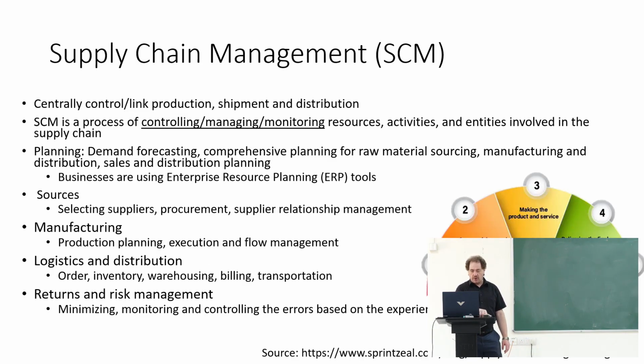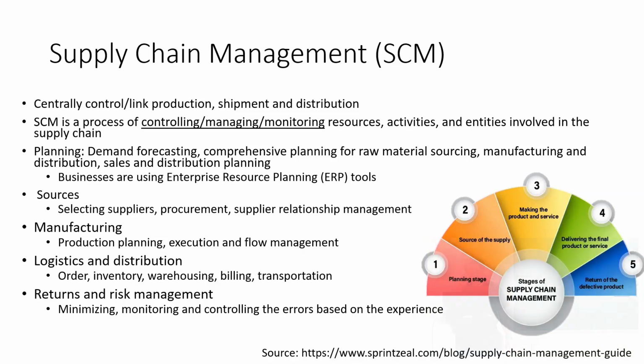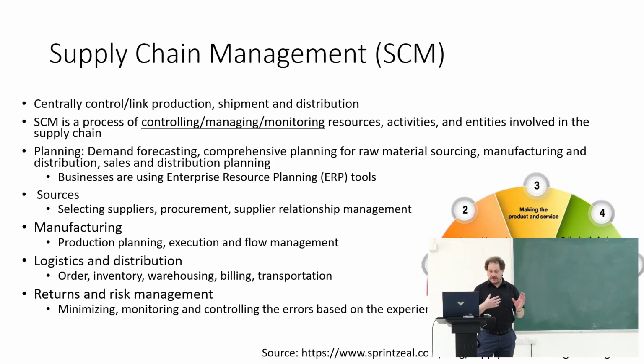So the problem of supply chain management, or I'll use the abbreviation SCM in this lecture, is to manage all the cycles and all the interactions between all the roles and all the players, all the entities in a supply chain. Indeed there are many decisions to be taken, right?